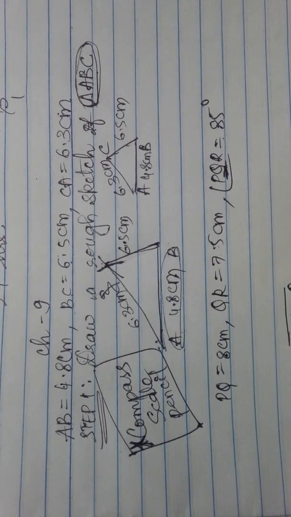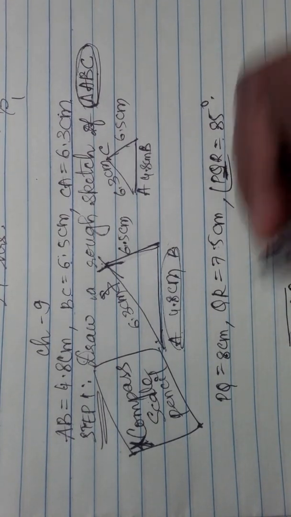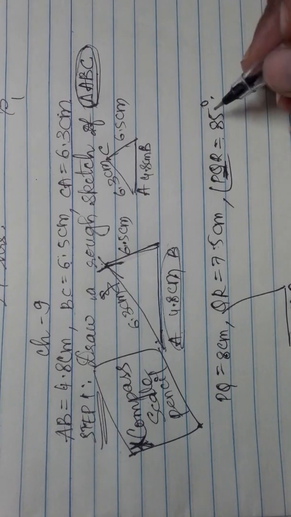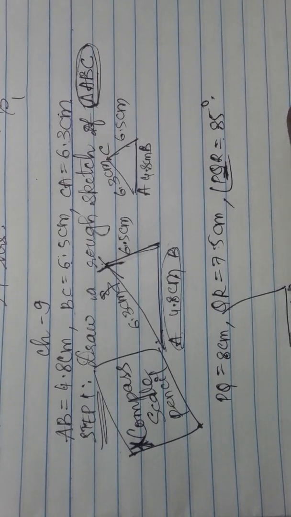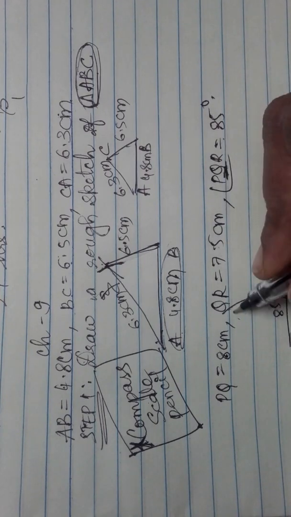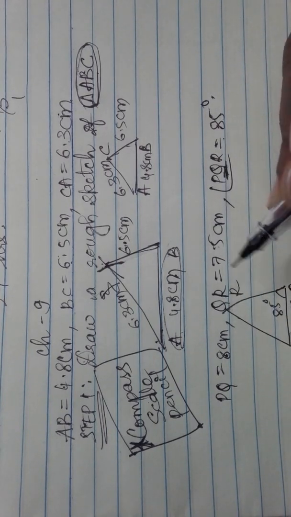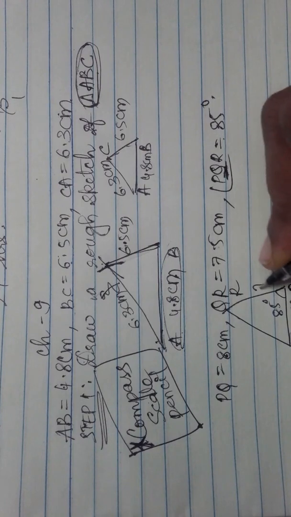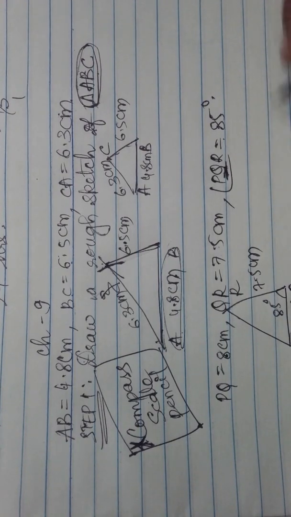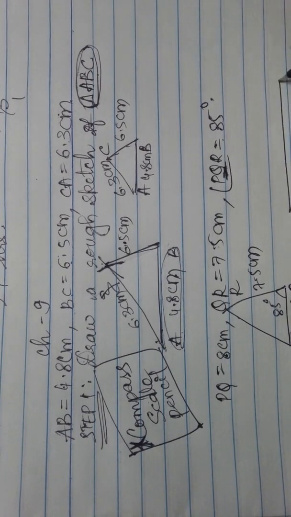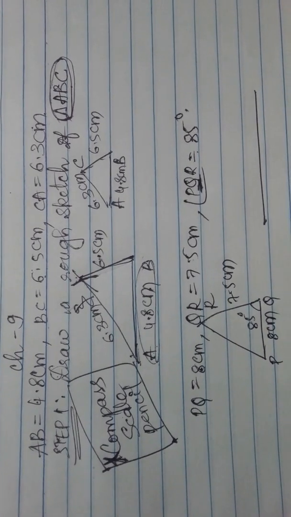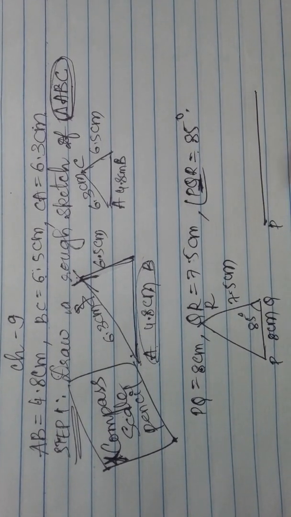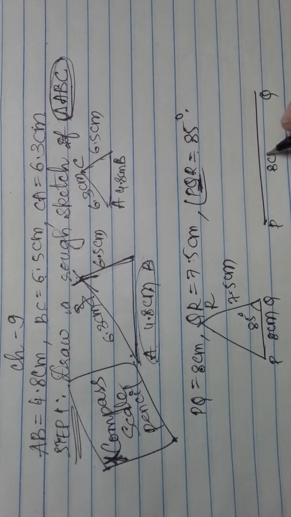PQ is 8 centimeters and angle Q is 85 degrees. So you are going to draw a ray at 85 degrees when you make the actual construction. QR is 7.5 centimeters. So when we make the actual construction, first we draw a line segment PQ of length 8 centimeters.